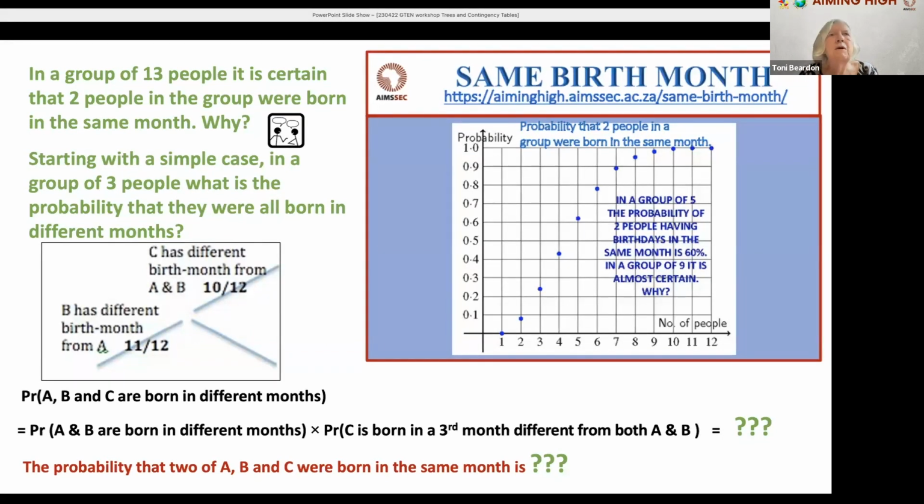We talked about this, Temba. Your birthday was in January, wasn't it? Yes. Caroline's in February and mine's in March. So if we say the first person was Temba, now the probability that Caroline's birthday is different from Temba's is 11 out of 12.